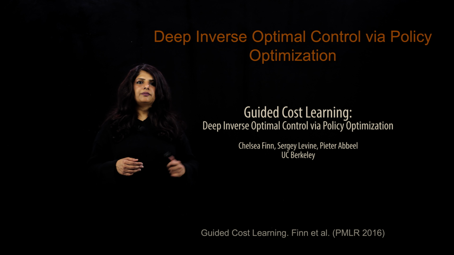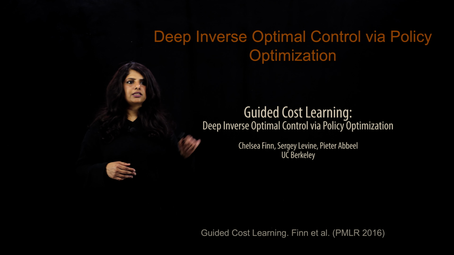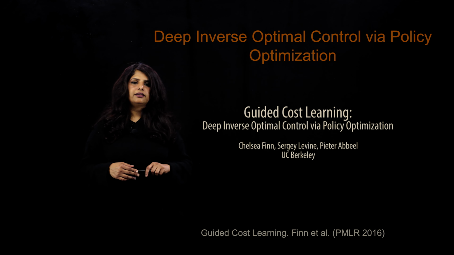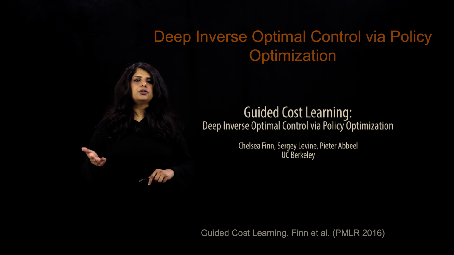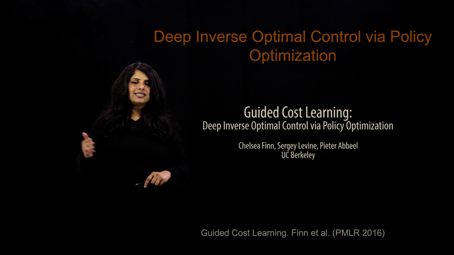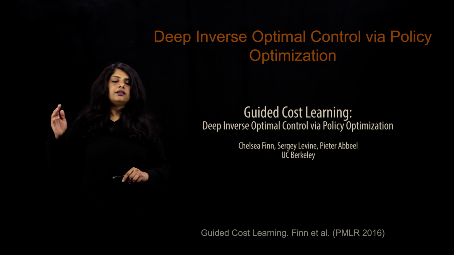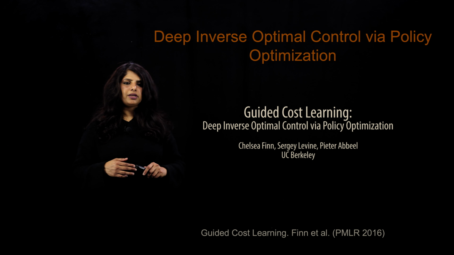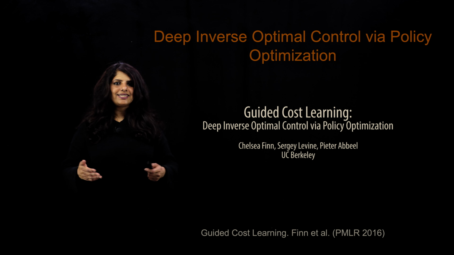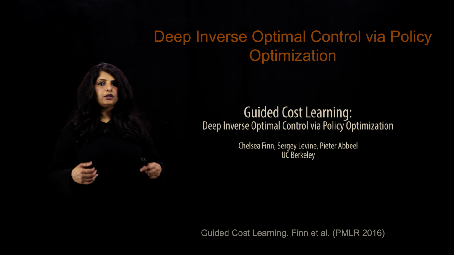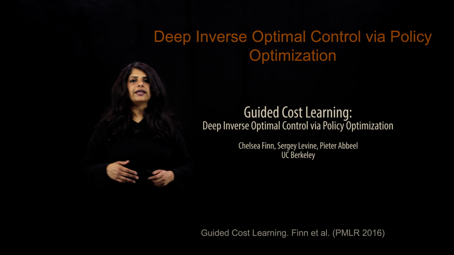Another example that we can start thinking about is this project called guided cost learning, where we're starting to move away from these feature-based representations for the reward function. In the three examples that we saw in the past, the reward functions were still feature-based, which means that a good amount of human engineering is needed to specify exactly what the reward function should look like.